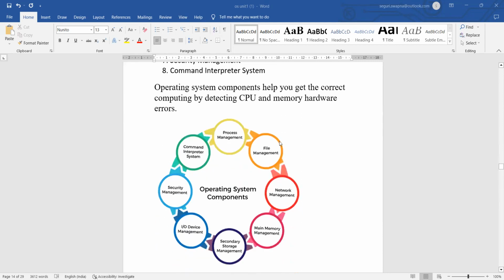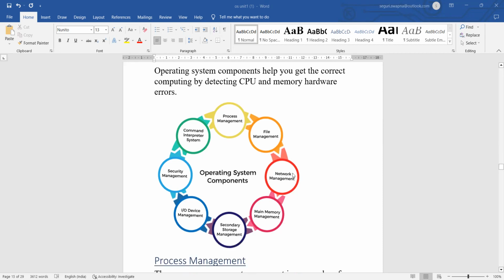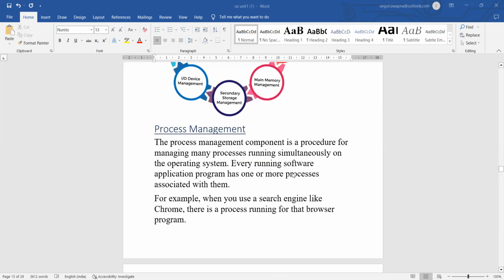So, the operating system helps to perform or execute the process by using all these components. Next, first we are going to discuss process management.